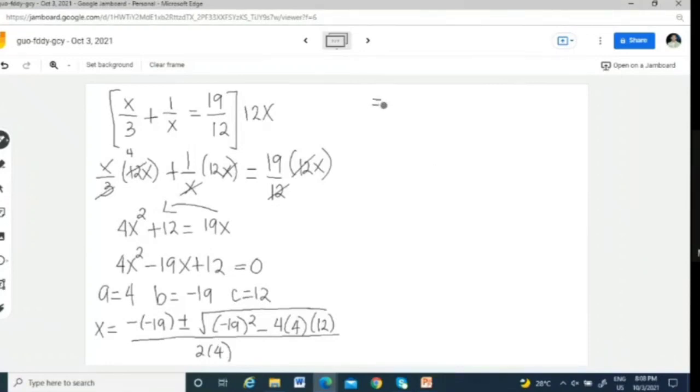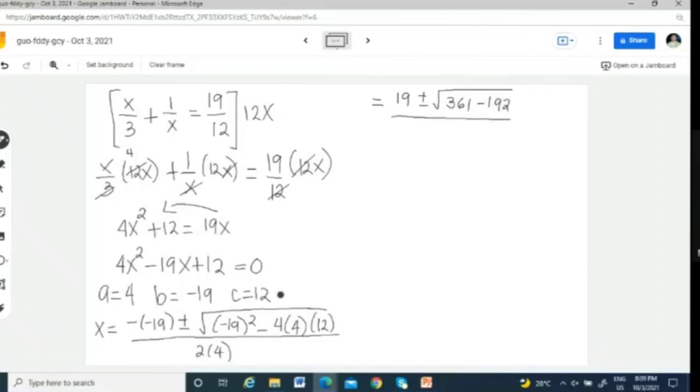Simplifying further, negative times negative 19 is positive 19, plus and minus. Negative 19 squared is simply negative 19 times negative 19, which is equal to 361. Negative 4 times 4 is equal to negative 16. And negative 16 times 12 is negative 192.